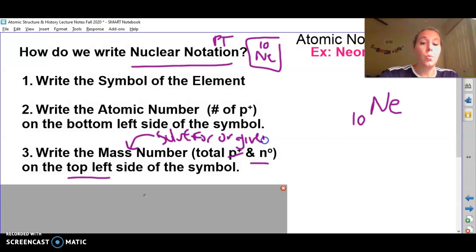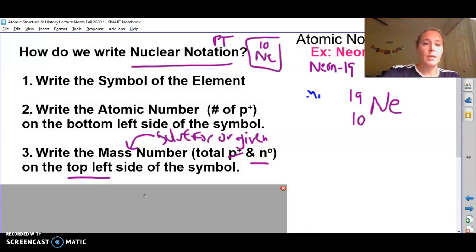And it's for one atom of neon. We were given neon-19 here. I'm not sure if this is going to show because of where my video is, but I did have atomic notation of neon-19, and that 19 is the mass number. So we get to just write that up there, and this would be the nuclear notation.